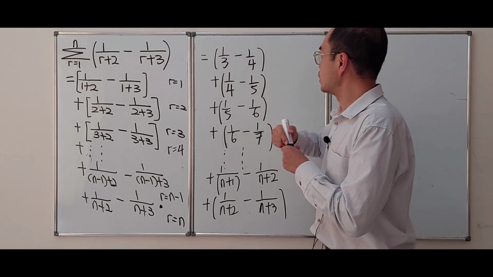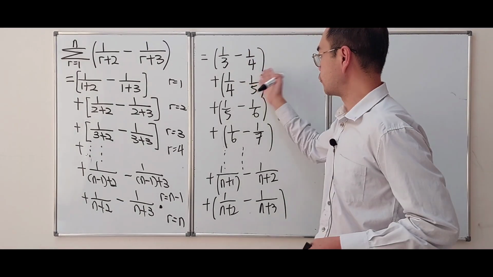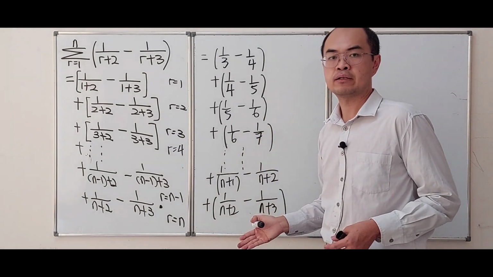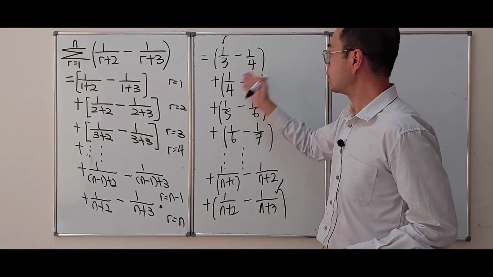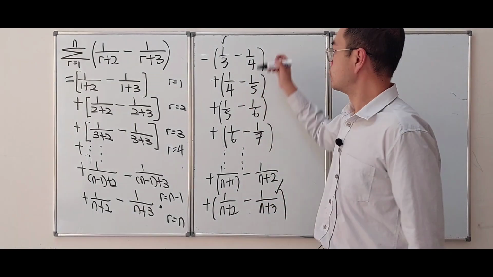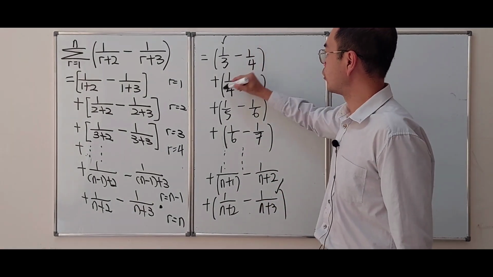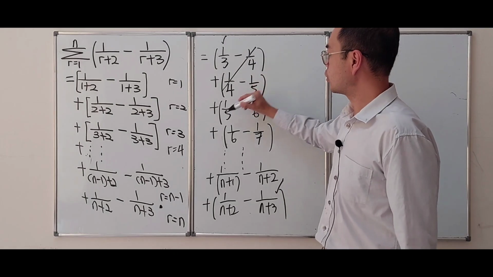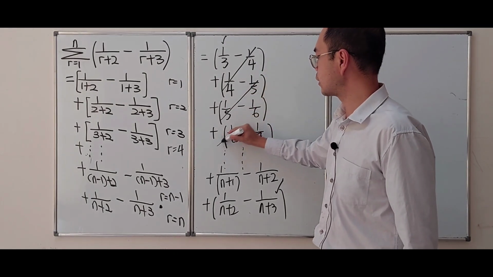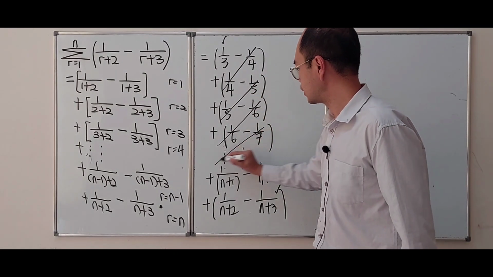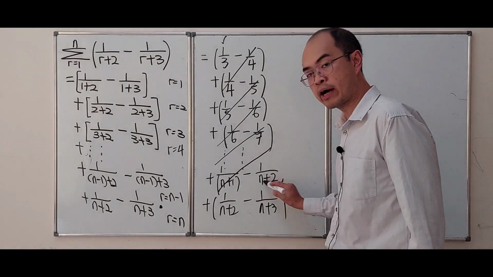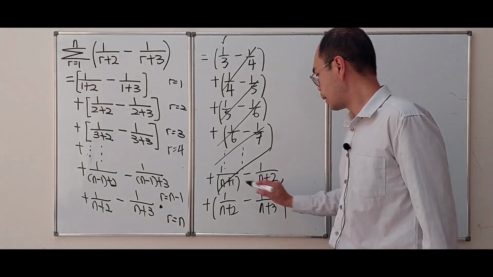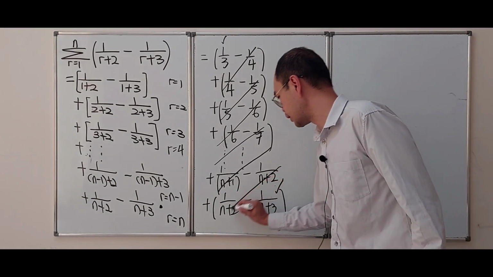If you add this up, the middle terms will eventually cancel out. Besides the first term and the last term, all the middle terms cancel each other. For example, negative 1 over 4 plus 1 over 4 becomes 0, negative 1 over 5 plus 1 over 5 is 0, negative 1 over 6 and 1 over 6 becomes 0, and so on, until negative 1 over n plus 2 plus 1 over n plus 2 also cancels off.